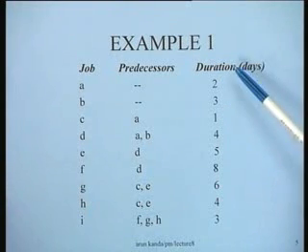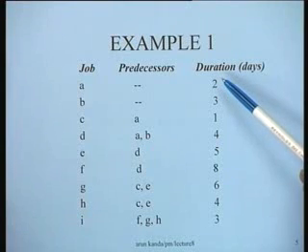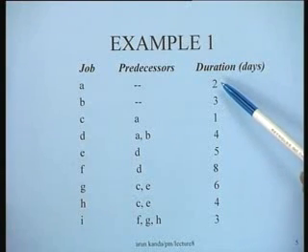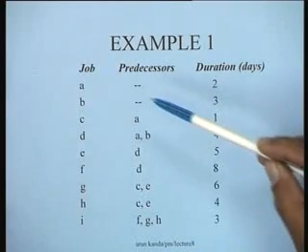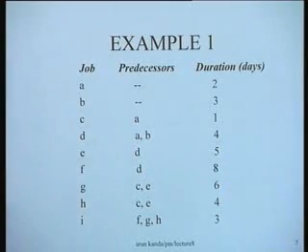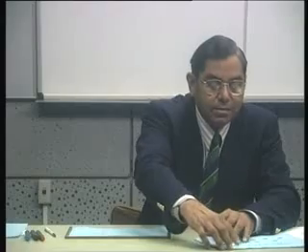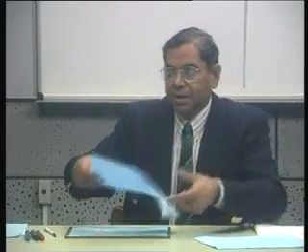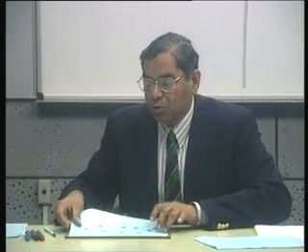So the first step in doing this problem is to represent this information on jobs and predecessors in the form of an AOA network. This can be done very conveniently by means of a diagram, which would, if you look at the list, be something like this.